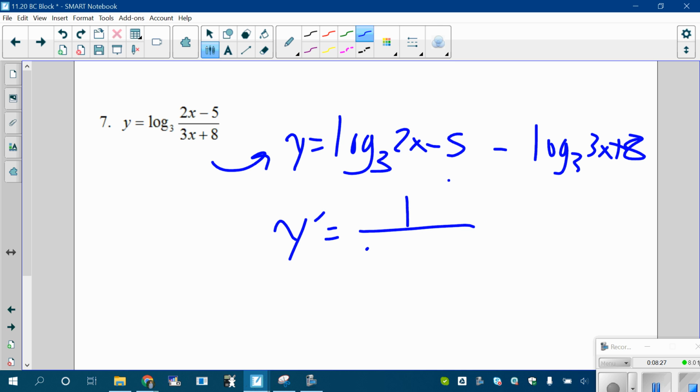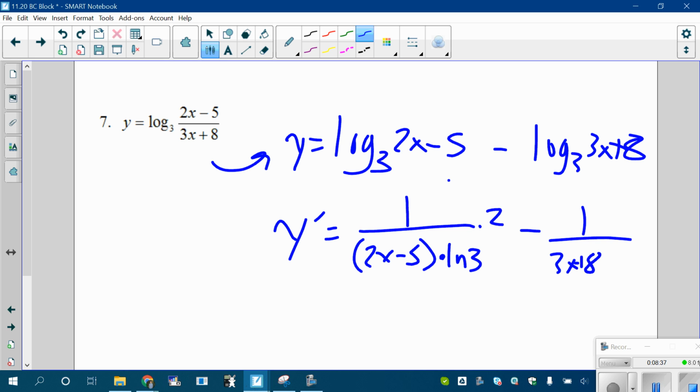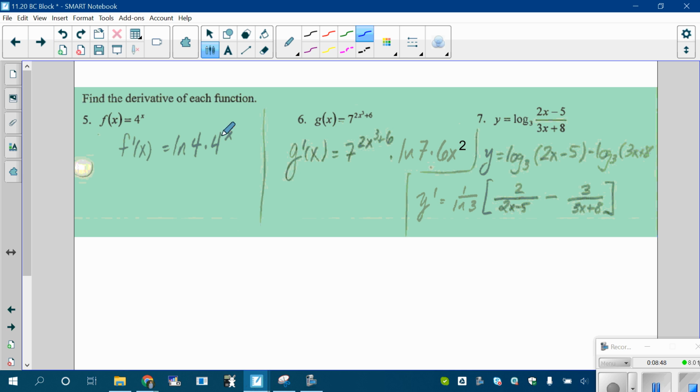It's 1 over 2x minus 5, adjust for the weird base, chain rule. 1 over 3x plus 8, adjust for the weird base, chain rule. Okay. There's those answers. There's a 1 over ln of 3 GCF out. Not a big deal.